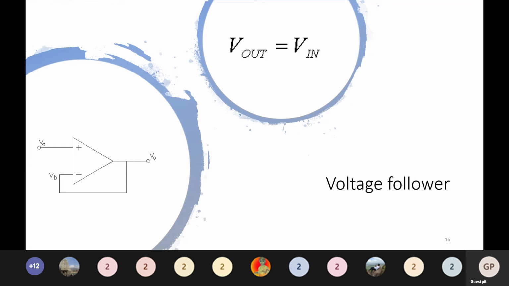Output is equal to input. Whatever is my input, the same will be the output. But it will have very high input impedance and very low output impedance, the characteristics of an op-amp. So whenever you have an impedance mismatch between any two circuits, this voltage follower can be used in between to match the impedances to overcome the loading effects.